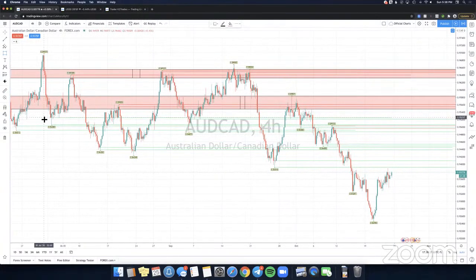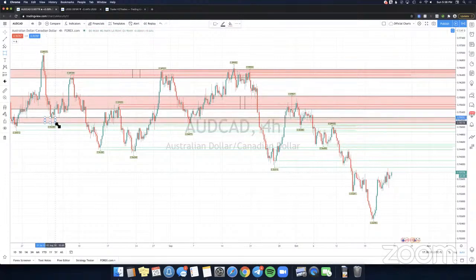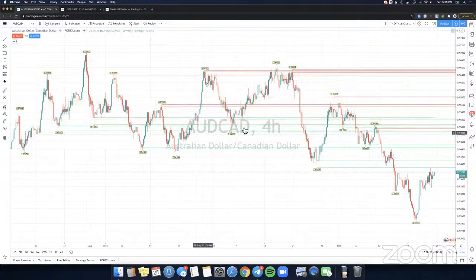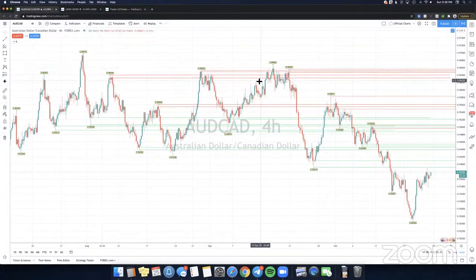Once I'm all done with this, I'm going to take it off the chart and then we can start looking for the strong zone. I'm going to show you guys this as well. If these zones are overlapping, like you can see that they're pretty close, technically you can draw 1, 2, 3 zones right here.